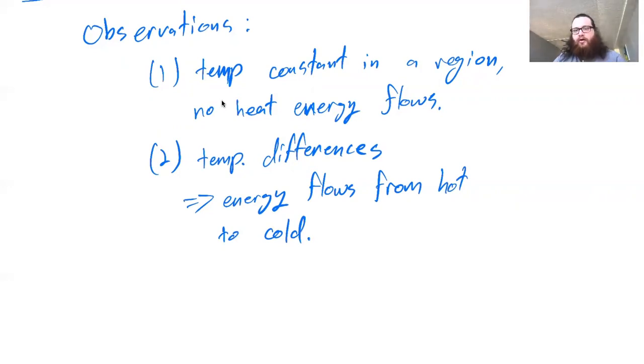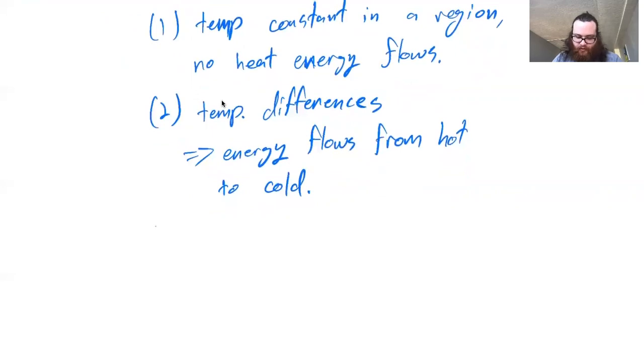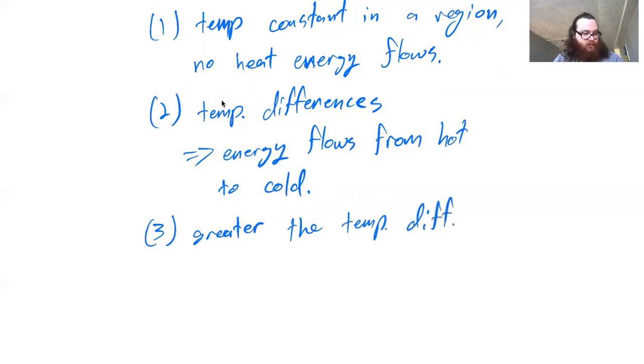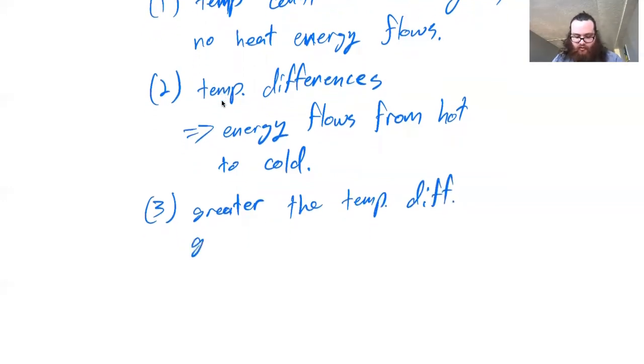If you have something cool and the environment that it's in is warmer, heat's going to flow from the warmer thing into the cooler thing and warm it up. Three, the greater the temperature difference, the greater the flow of energy.